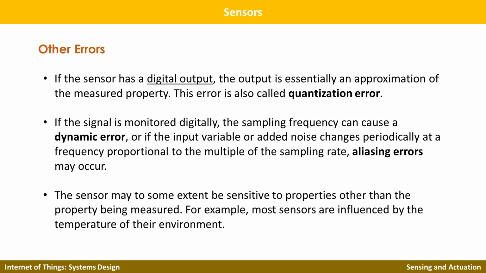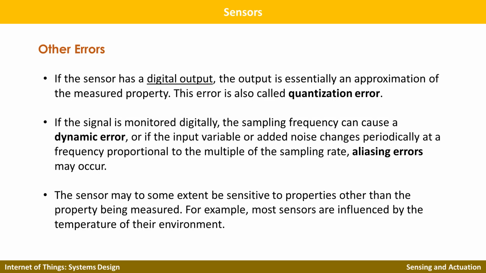For example, if it is a temperature measuring a ball bearing or a motor, the temperature could go up and down. So based on the sampling, you might not capture the exact temperature because it is measuring at a single point in time, and it is also changing. That kind of error we consider a dynamic error.